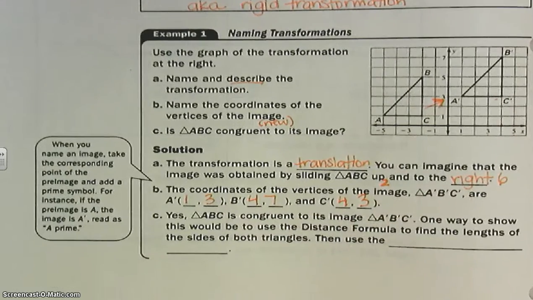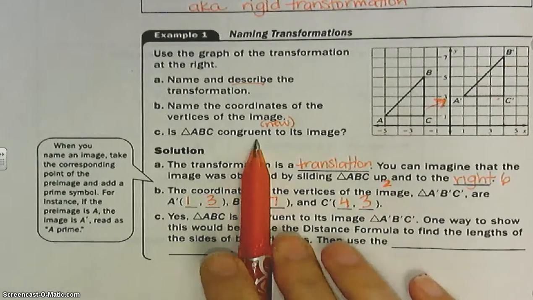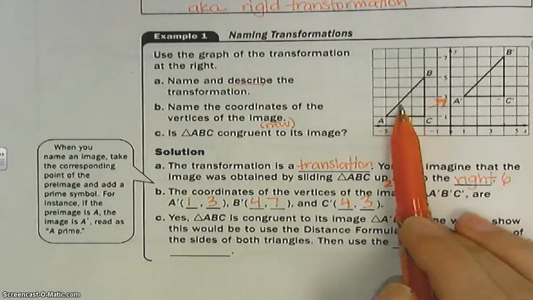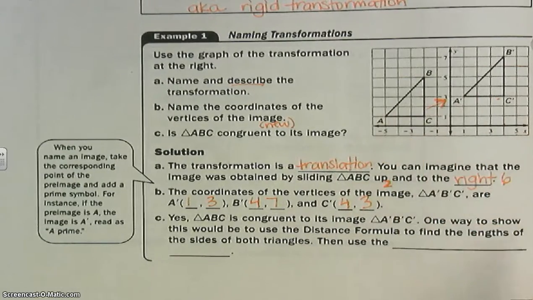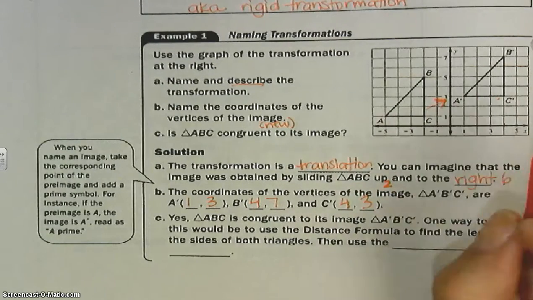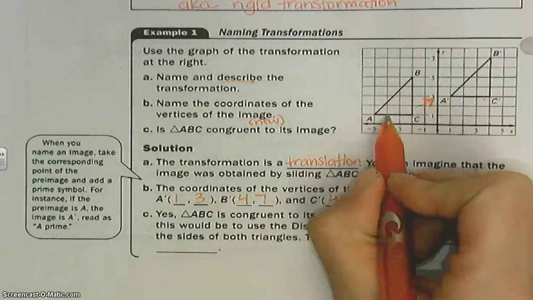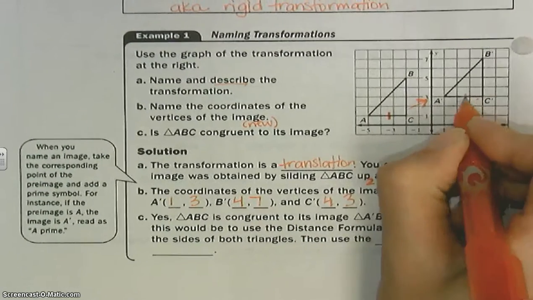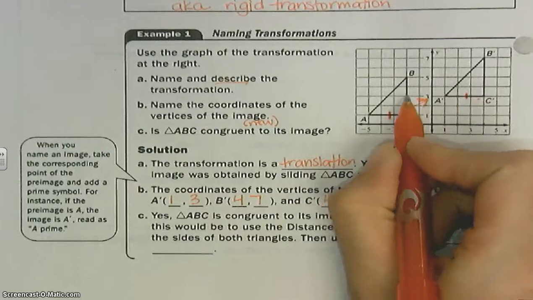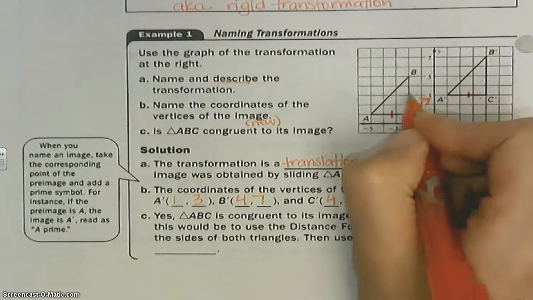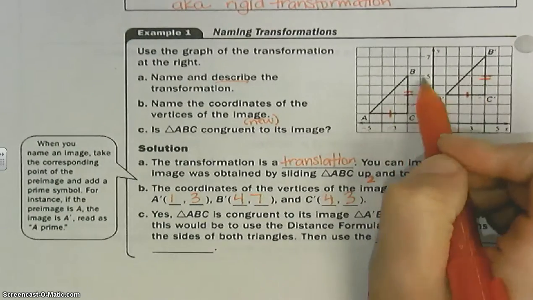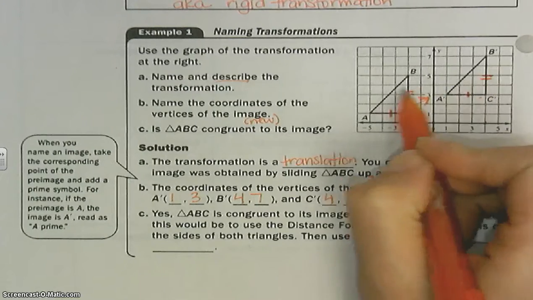Now it says, is triangle ABC congruent to its image? Are these two congruent? Well, it looks like it. If we wanted to prove it, we could count 1, 2, 3, 1, 2, 3. Okay, this side is the same as this side. 1, 2, 3, 4. 1, 2, 3, 4. This side is the same as this side. And then we could use the distance formula and see if these sides are the same.